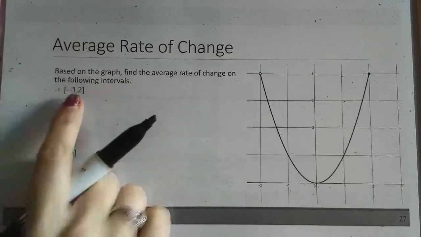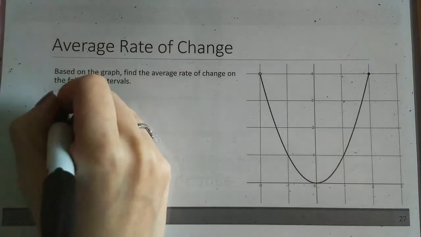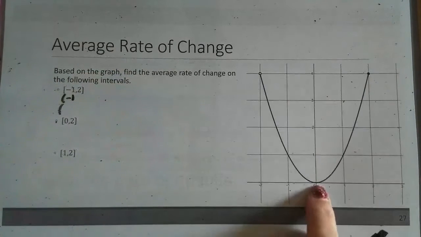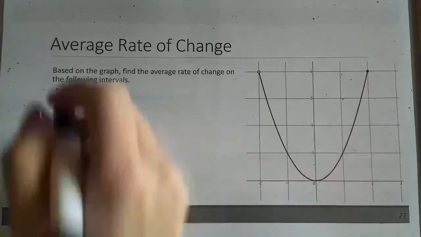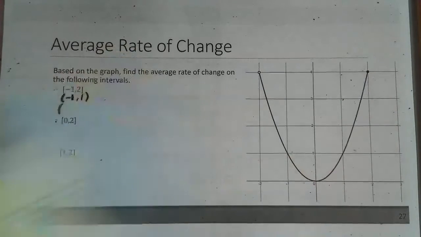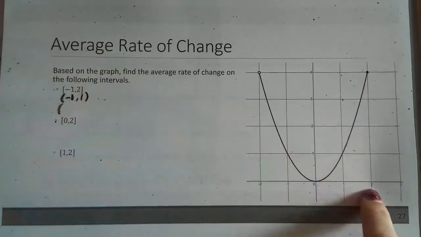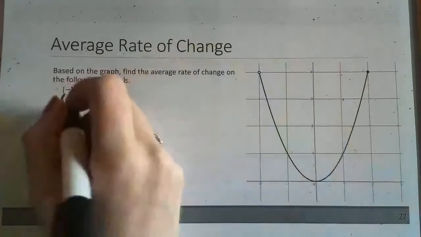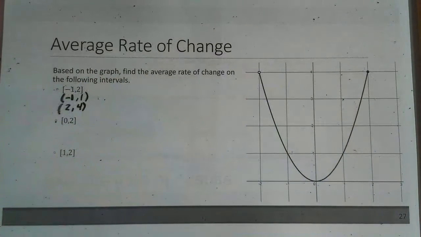Well, since these are x values, I need the associated y values. So let's see what those are first. If x is equal to -1, then on my graph, I'm right here, and the y value there is +1. If x equals 2, then I find x equals 2, which has the point here, which has a y value of 4. So we have 2, 4.